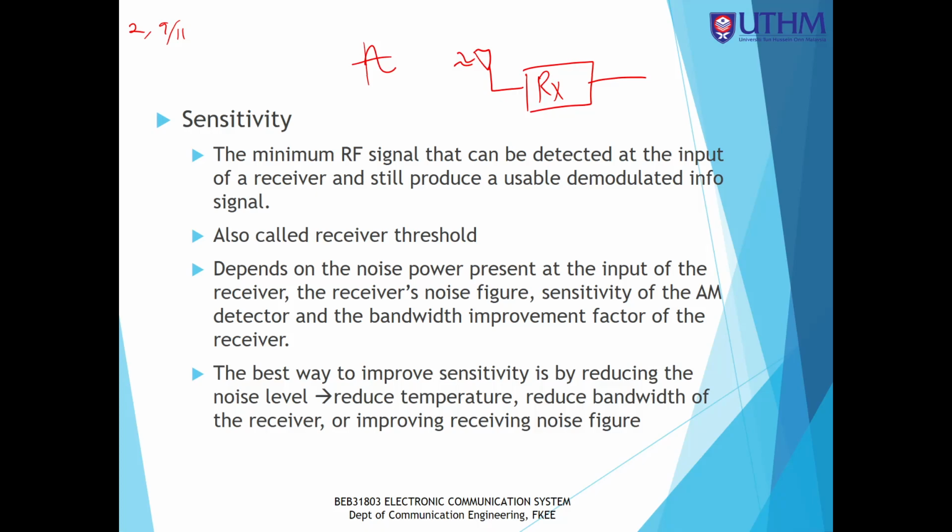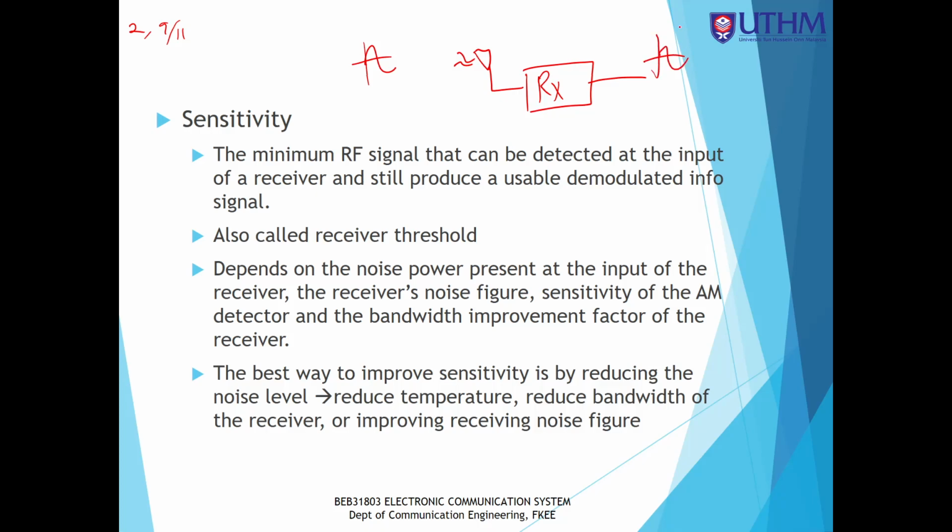So the ability of the receiver to detect as minimum an input amplitude as possible would be better. Not only to detect, but it can do the demodulation to produce the original signal at the output.